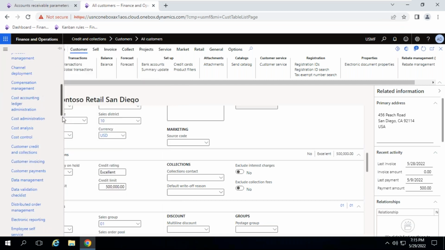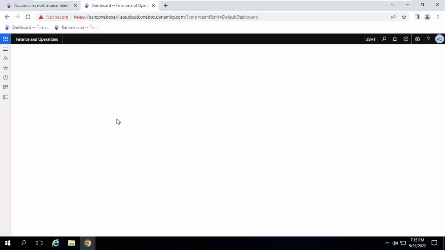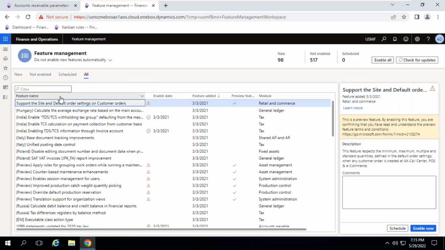Now look at this one. Workspaces, feature management, all. I'm filtering by credit management.